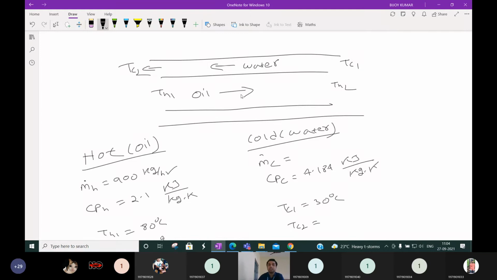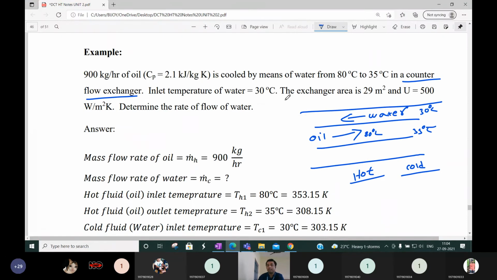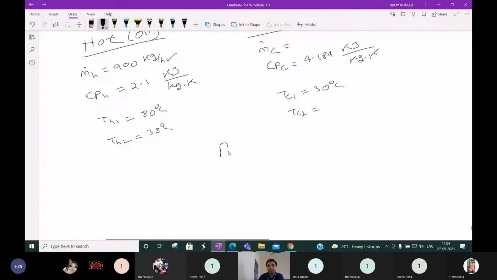This is 80 degrees centigrade, this is 35 degrees centigrade, and this is 30 degrees centigrade. Then the exchanger area is given as 29 meter square, and U is given as 500 watt per meter square into Kelvin.